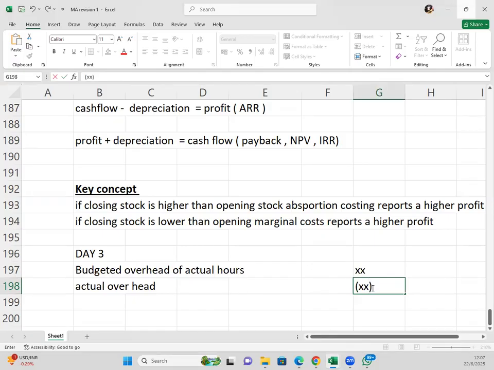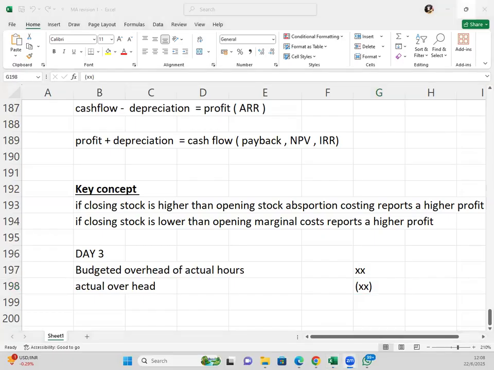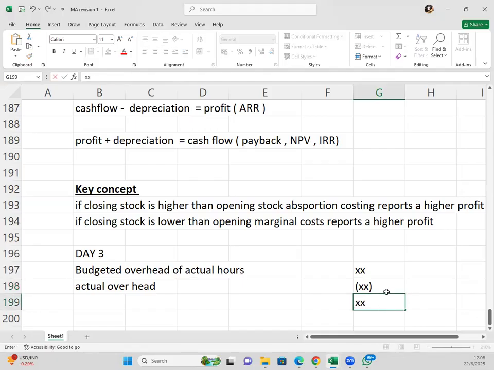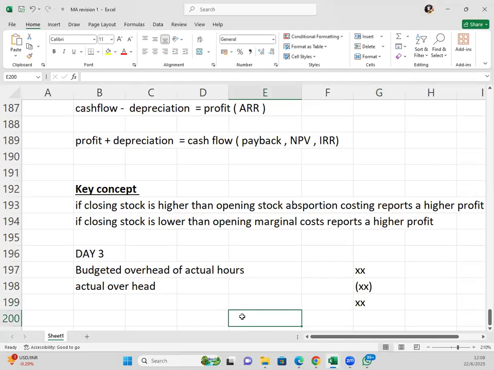If the answer is positive, it's over absorption. If it's negative, it's under absorption. So the answer we get is either over or under absorption.